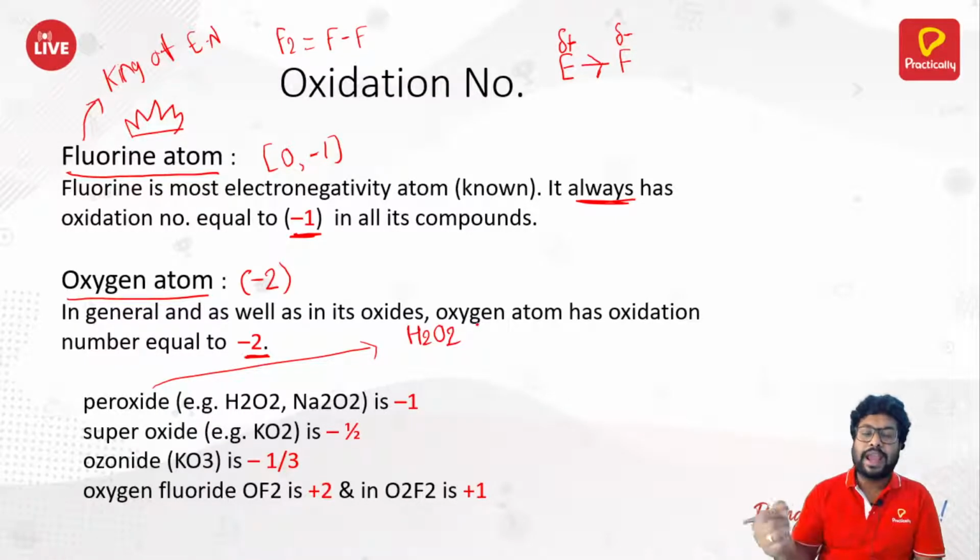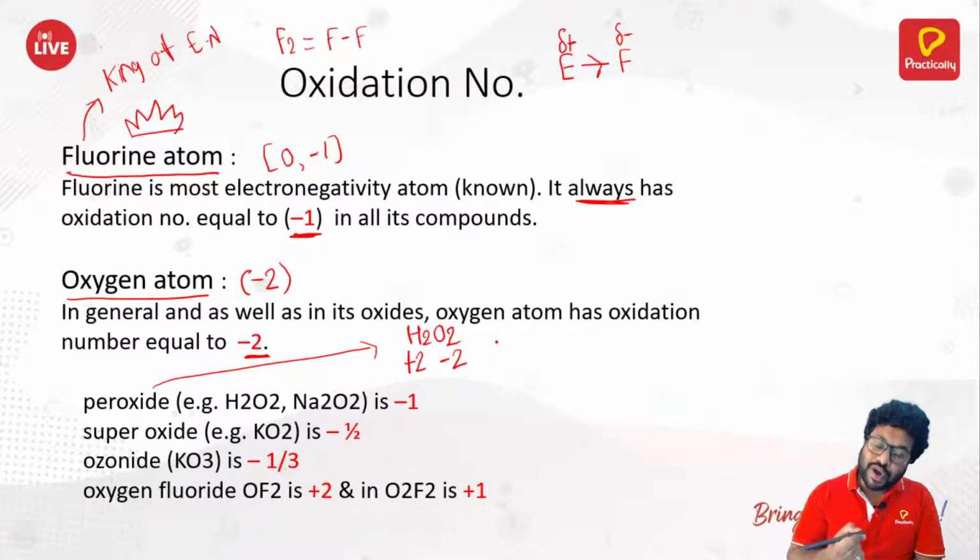Now hydrogen's oxidation number is +1. So there are two hydrogen, so two hydrogen will show +2. Therefore two oxygen will show -2. So if the two oxygen show -2, a single oxygen will show -1. So that is the oxidation state of oxygen in peroxides.